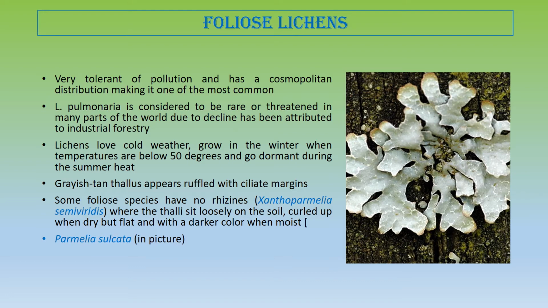Sometimes it has holdfasts or sometimes rhizomes, but during high temperature it stops or slows down its metabolism and curls up. On return of moist conditions, it absorbs the water and becomes flat again. This is a picture of Parmelia sulcata.